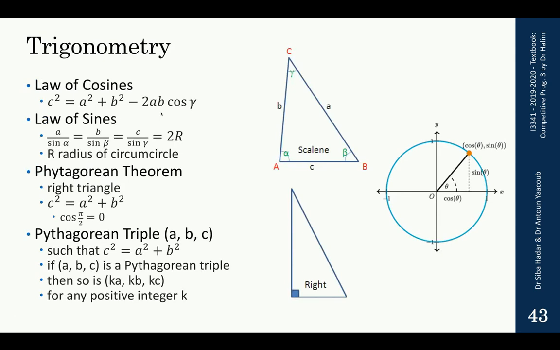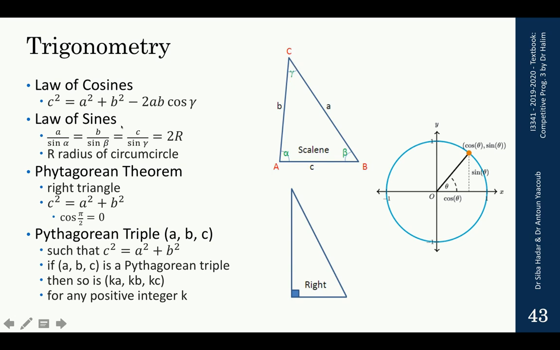Also, trigonometry recall, the law of cosines: if you have a triangle ABC, a scalene triangle like here, you know that c² is equal to a² plus b² minus 2ab cosine gamma.